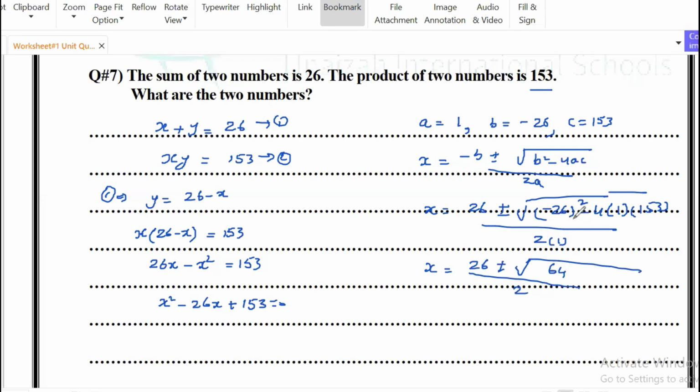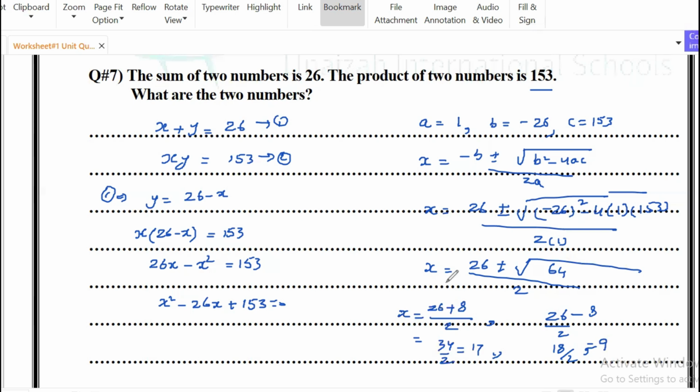If we solve minus 26 whole squared minus 4 into 153, it gives us 64, and 64 is a square number, so it gives me 8. So x equals (26 plus 8) over 2 and (26 minus 8) over 2. So this gives us 34 over 2 and 18 over 2. That means 34 over 2 gives us 17, and 18 over 2 gives us 9.